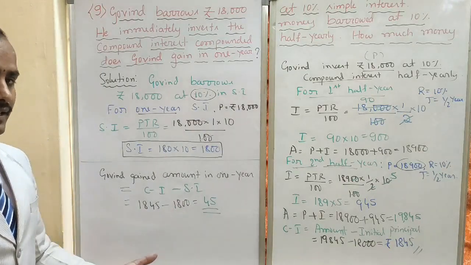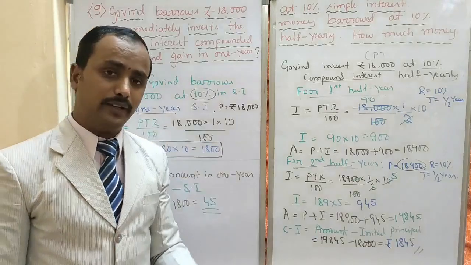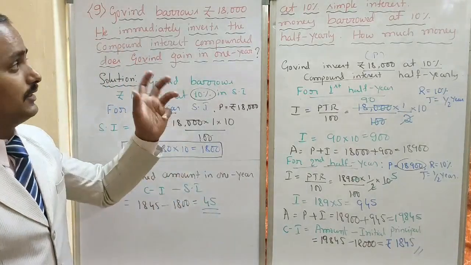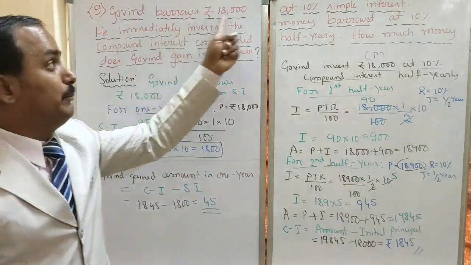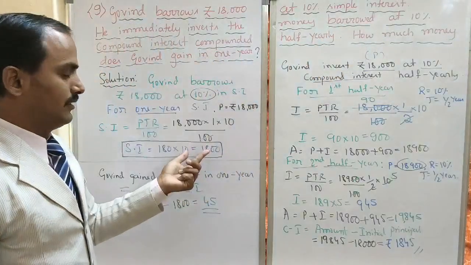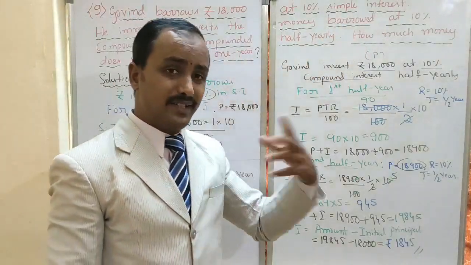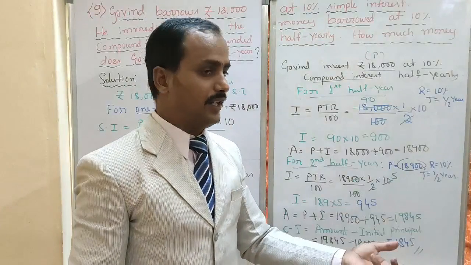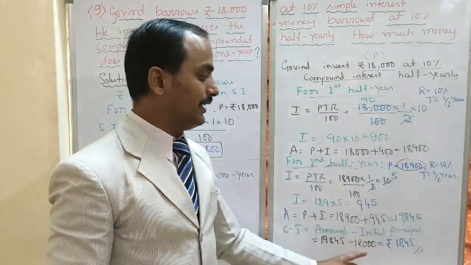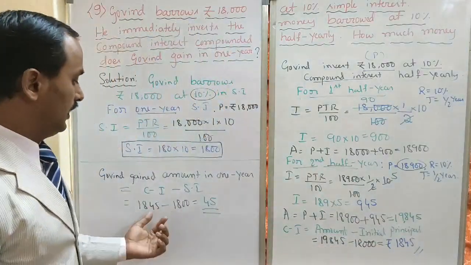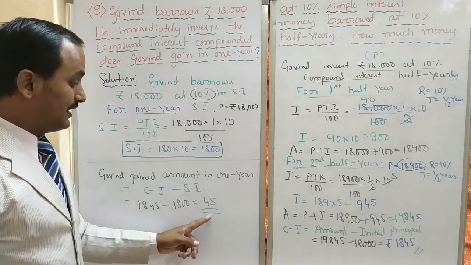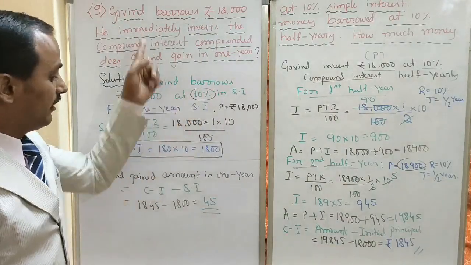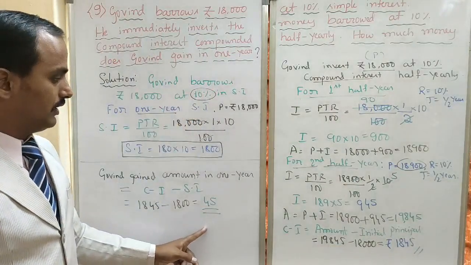Some financiers invest their own money, but some will collect the money somewhere at simple interest and invest it in their own business. They will collect like this at compound interest. That amount, if I subtract, this is the gained amount in 1 year. Understood, dear children? No confusion?